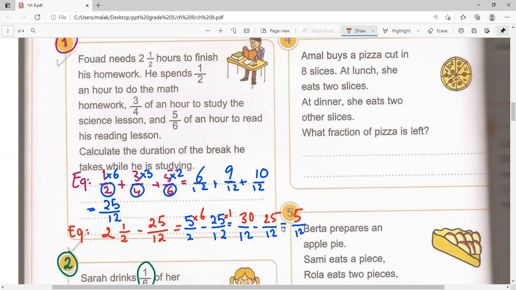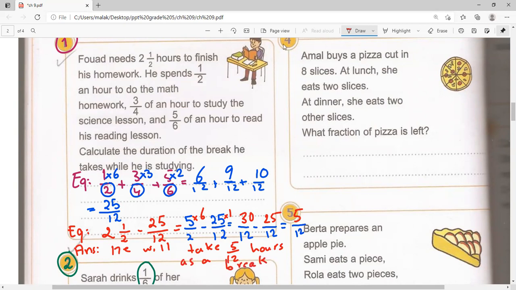So the duration of the break is 5 over 12 hours. I will write it down. So he will take 5 over 12 hours as a break.